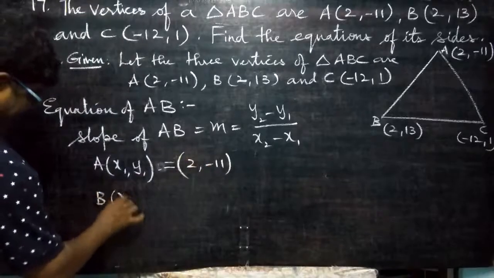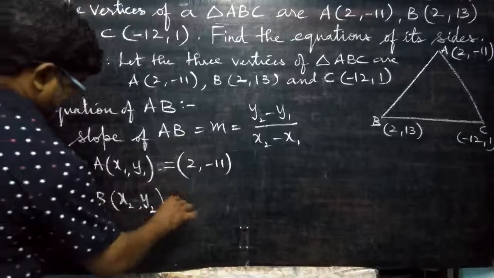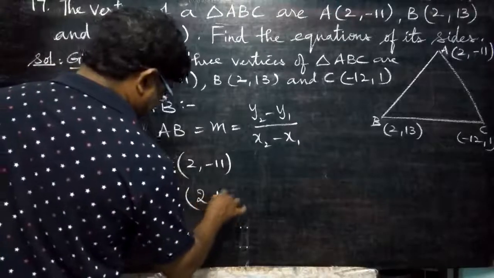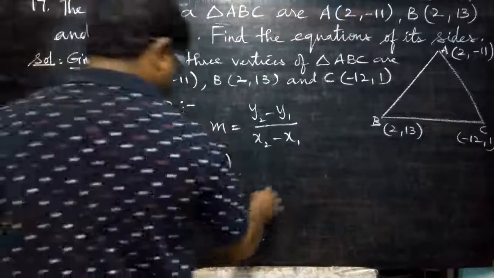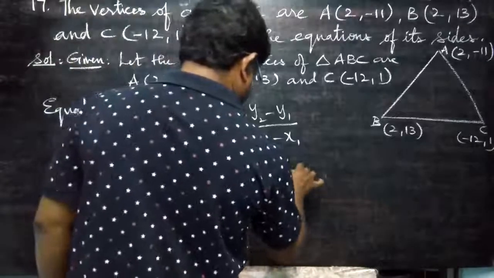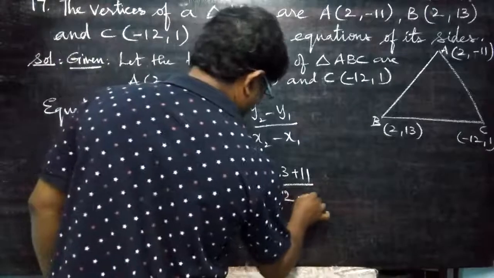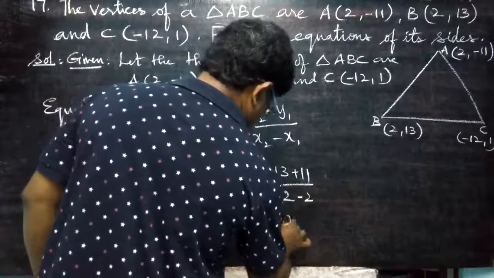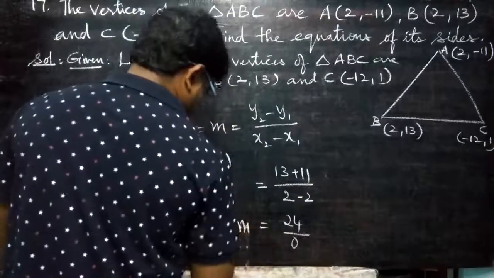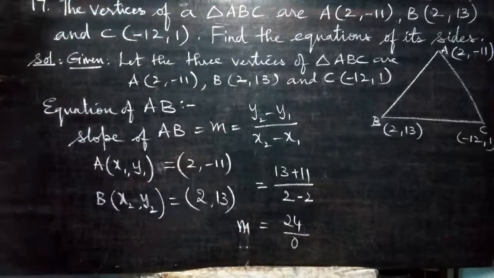B you think as x2, y2, that is (2, 13). Now that is equal to (13 plus 11) by (2 minus 2). We got 24 by 0. This is m.